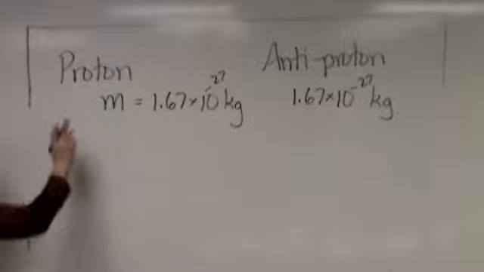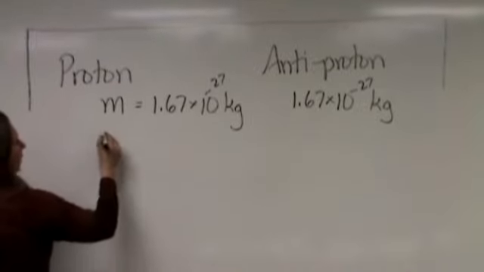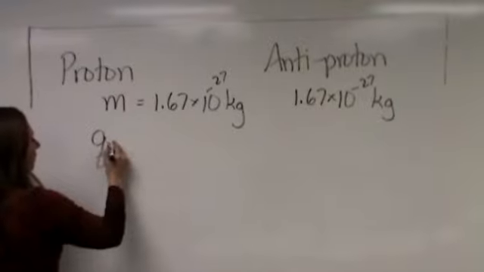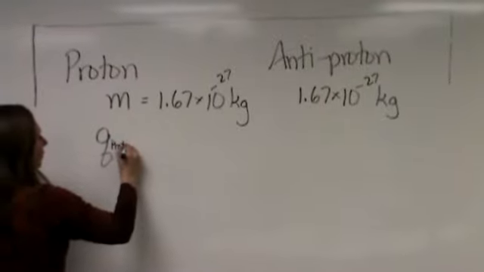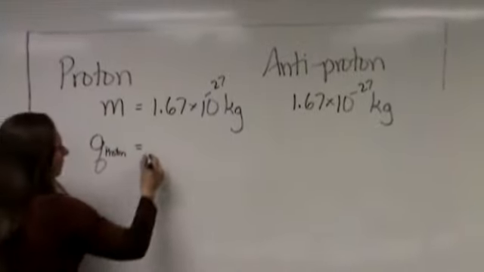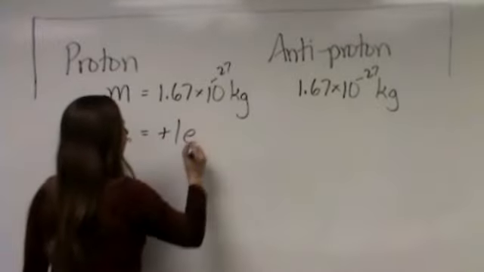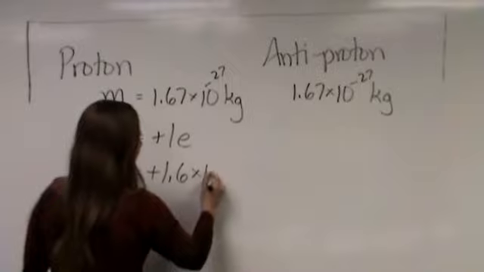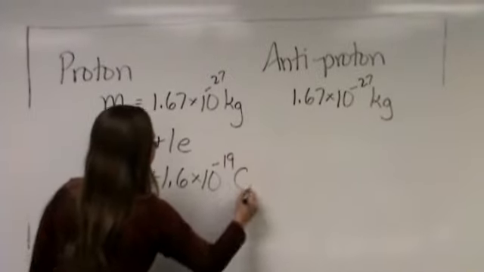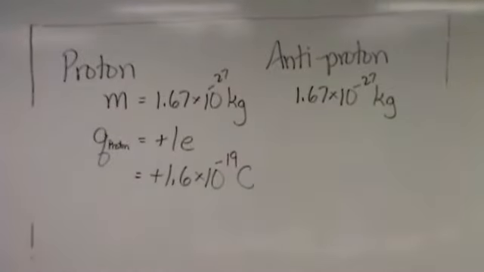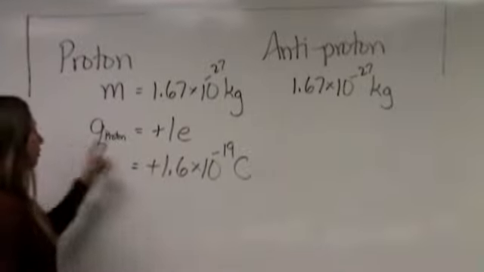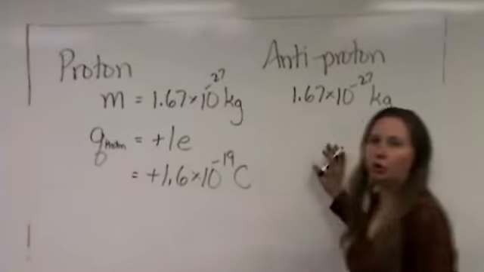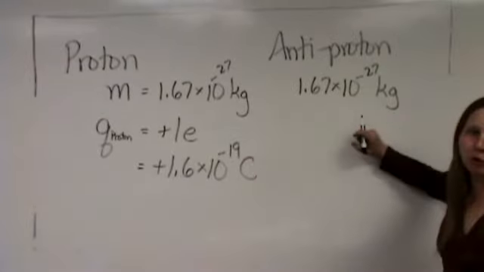Now, the charge of a proton, Q, for the proton, we could write it +1e or +1.6 times 10 to the negative 19 coulombs. If they ask for it in coulombs, make sure you put Q in coulombs. Now, what would the charge of the antiproton be?